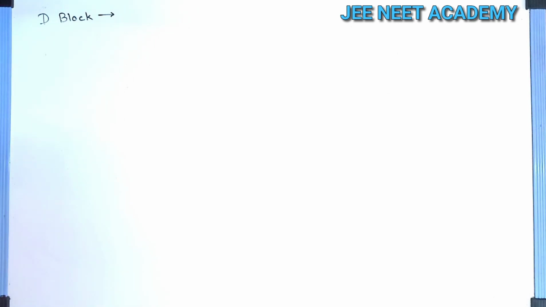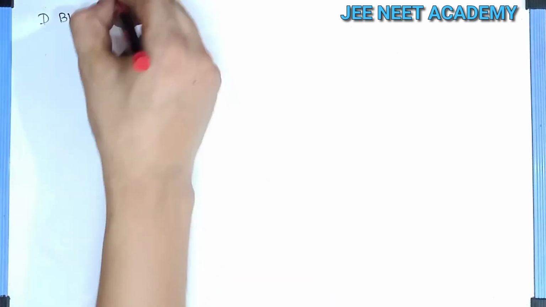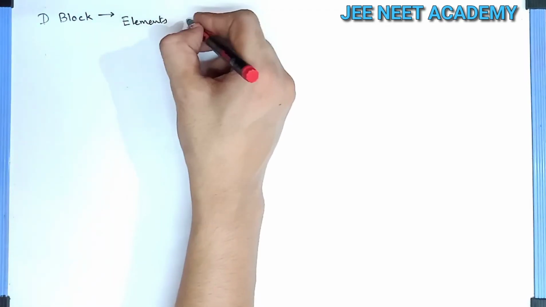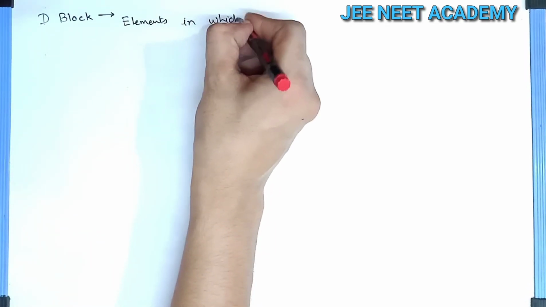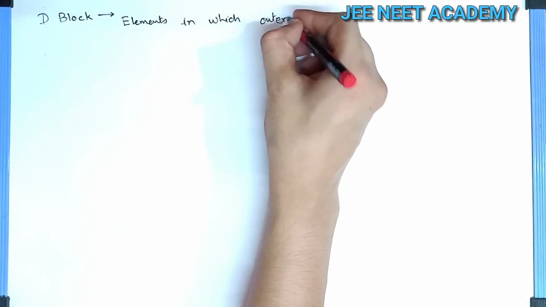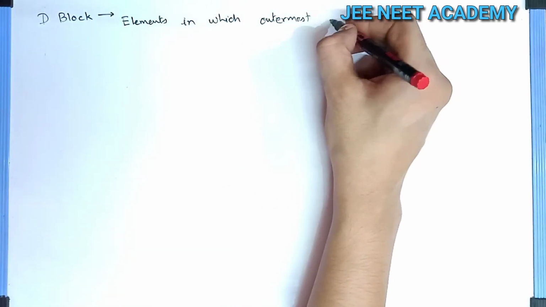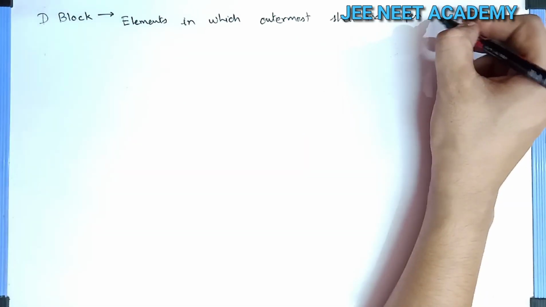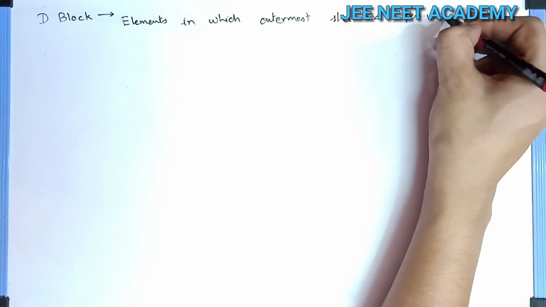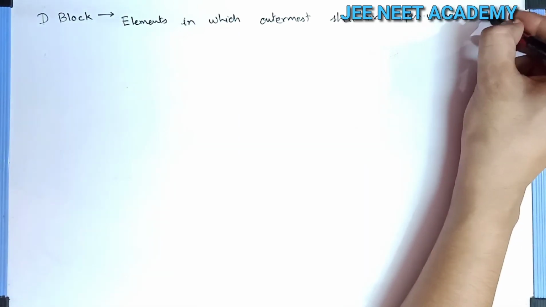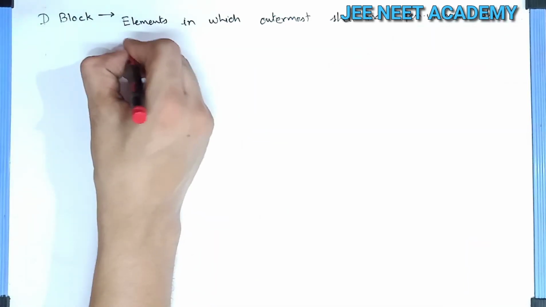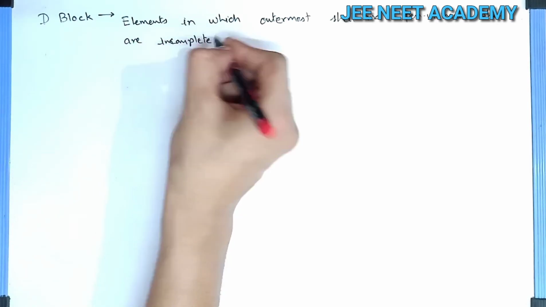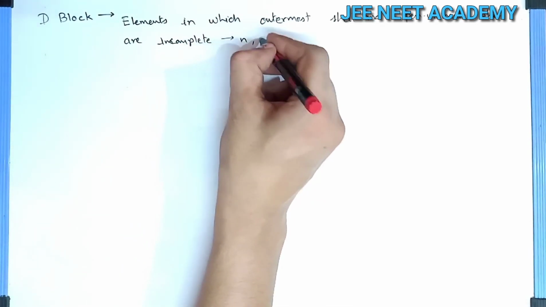Here one term is coming, penultimate, that I will explain. These are n and n minus 1.